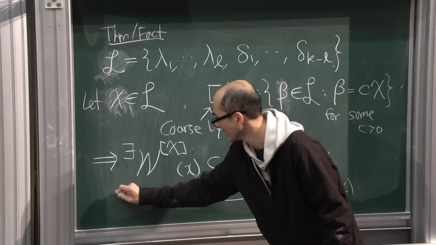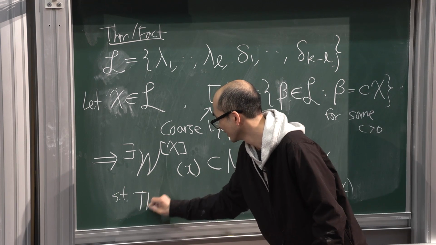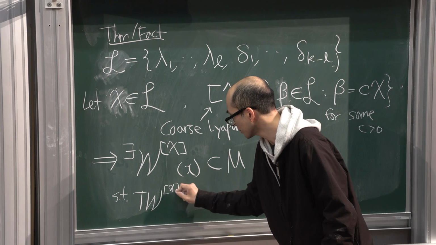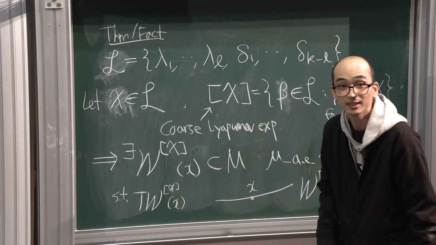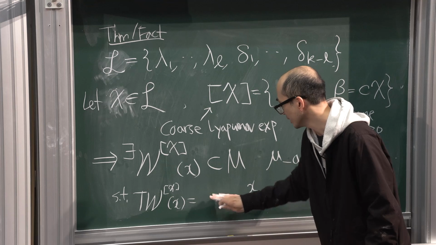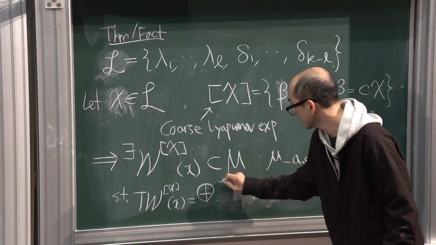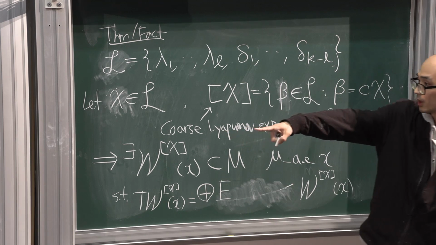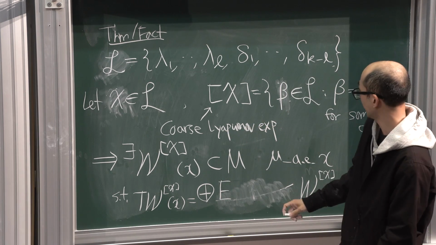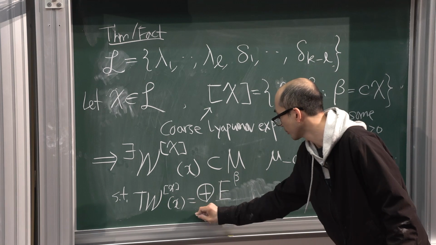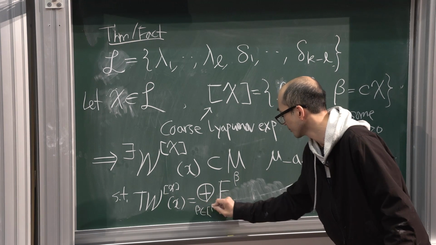At least I can say one more thing, which is that because this is an immersed manifold, I can think about the tangent space, and the tangent space is exactly the sum of the invariant subbundles we found there, E beta, where beta is inside chi.